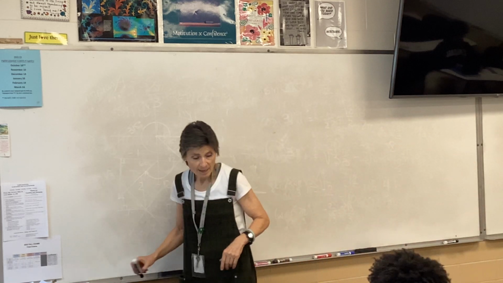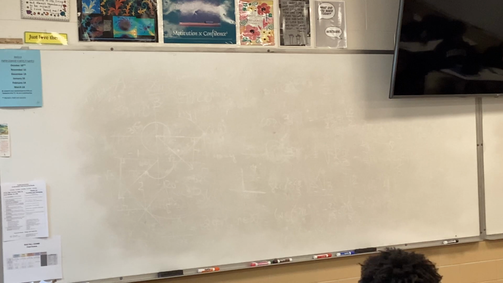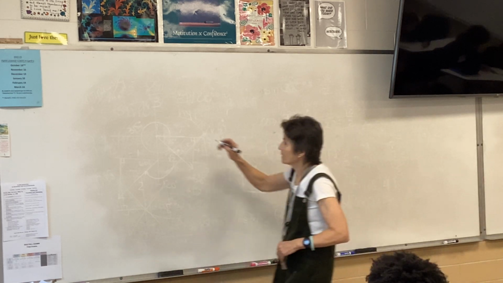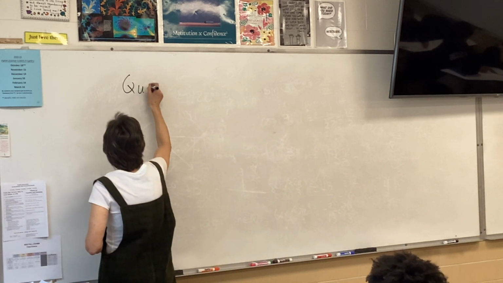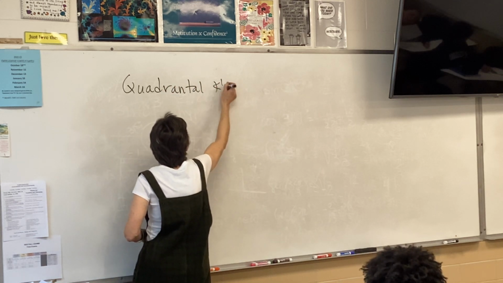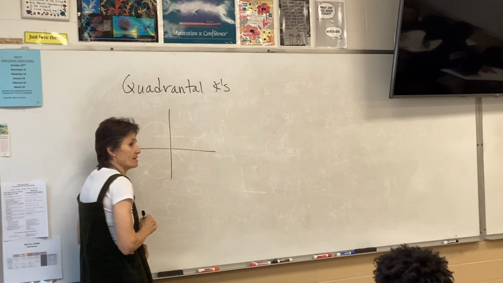Okay, all right, so here we go, guys, we're ready for number 4. Ready for some excitement now, because we're going to look at what are called the quadrantal angles. What we mean by quadrantal angles are angles that terminate on an axis.